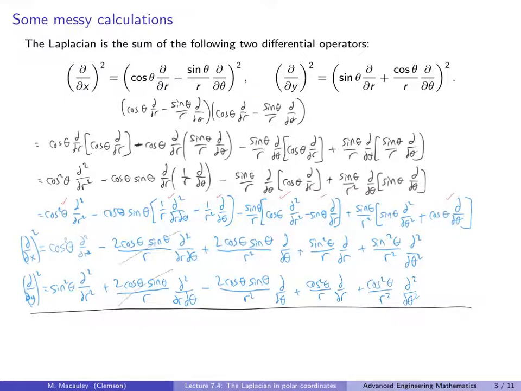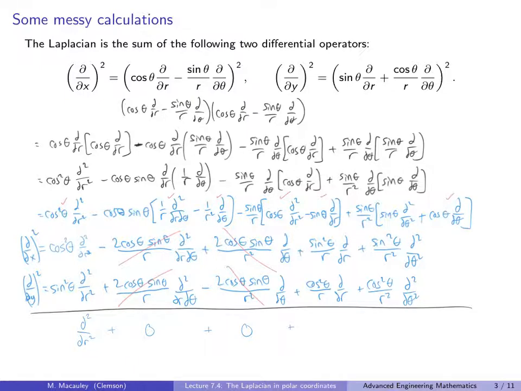So these two things cancel. These two things cancel. And what are we left with? Well, when we add them up, we're going to get a lot of sine squareds and cosine squareds. So we add these two things up, we actually just get d squared over dr squared. So that gets 0 there.